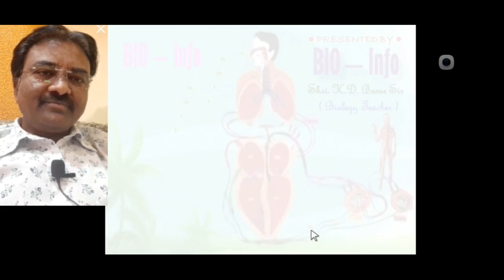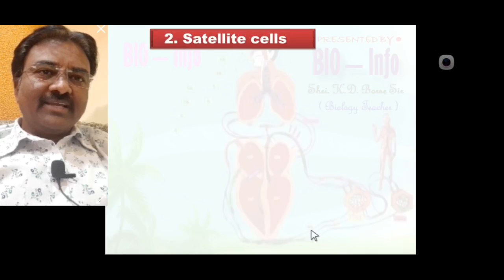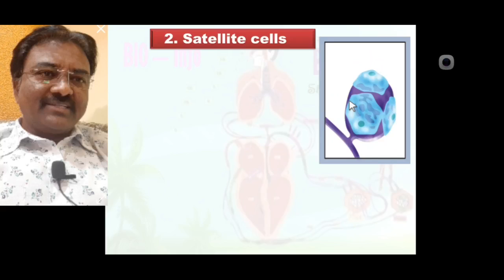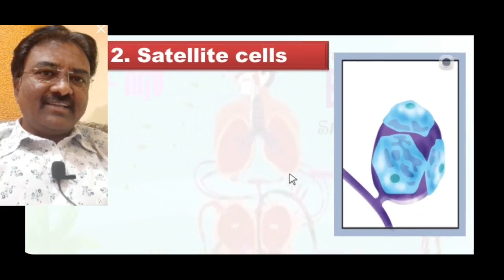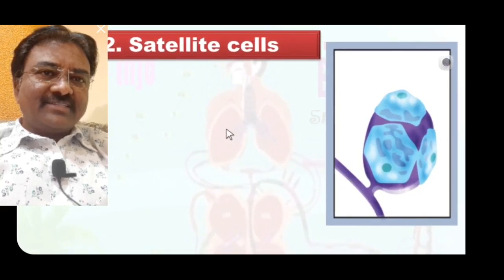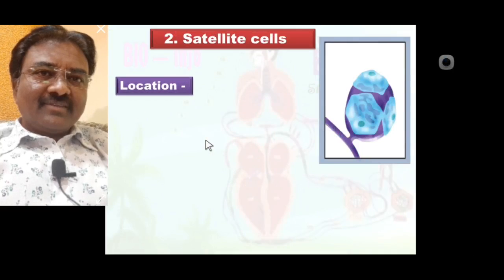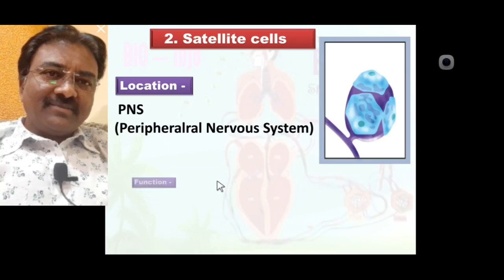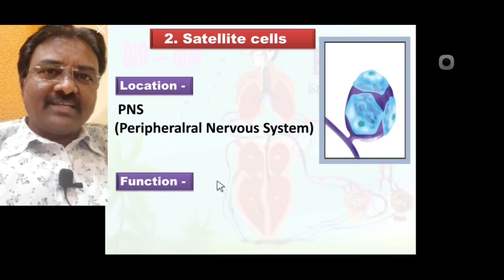Now, the second type of neuroglial cell present in the PNS is called the satellite cell. Seen here is a diagrammatic representation of the satellite cell. This one is the satellite cell. Location, no doubt, PNS, peripheral nervous system. What is the function of satellite cells?